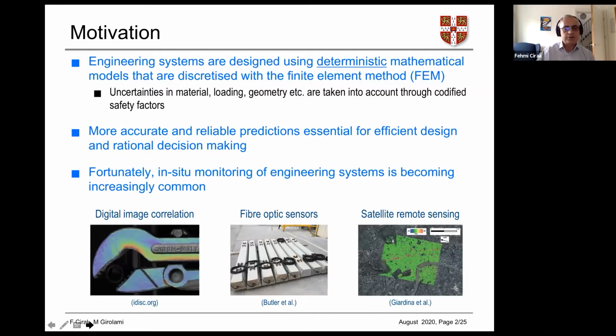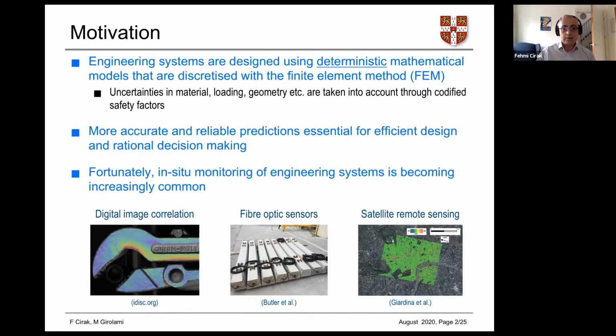So as Jennifer briefly mentioned, the motivation for this work comes from the limitations of current deterministic mathematical and finite element methods, which are used in the design of engineering systems and structures. And as we know, in practice we have uncertainties related to the material, loading, geometry, and so on.